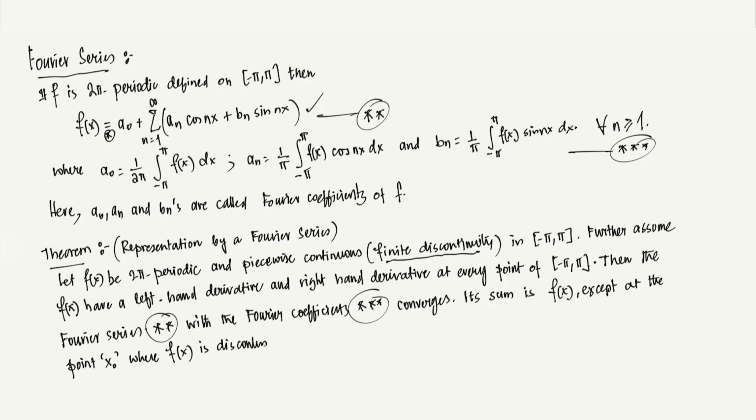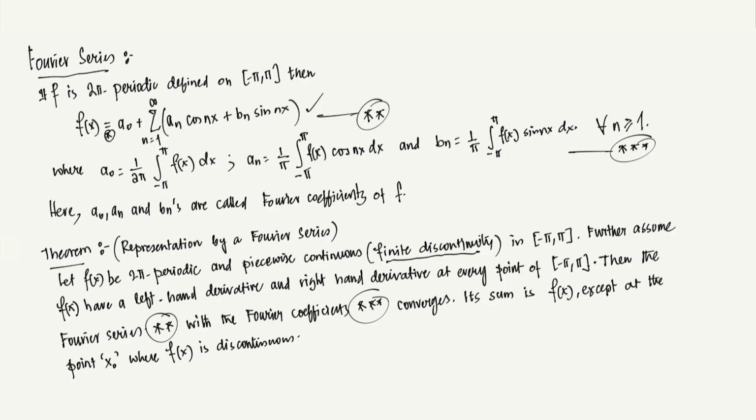Clear? So essentially what am I saying? Wherever f is continuous, the sum is f of x. Let's say x is a point where f is continuous, so f of x is the sum. Let's say there is a point x naught where it is not continuous, then the sum is given by the average of the left and right hand limits.